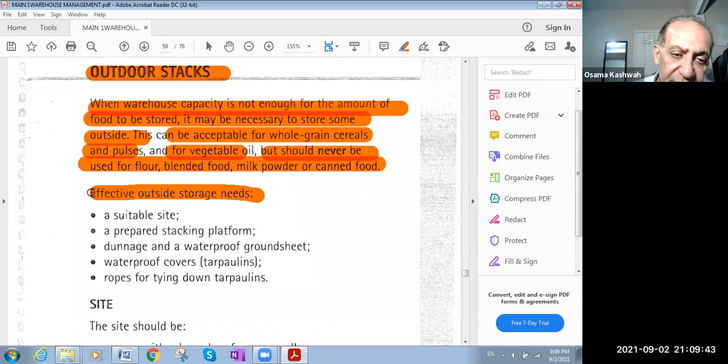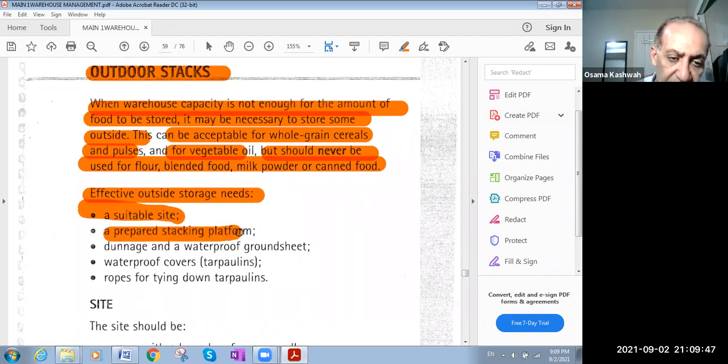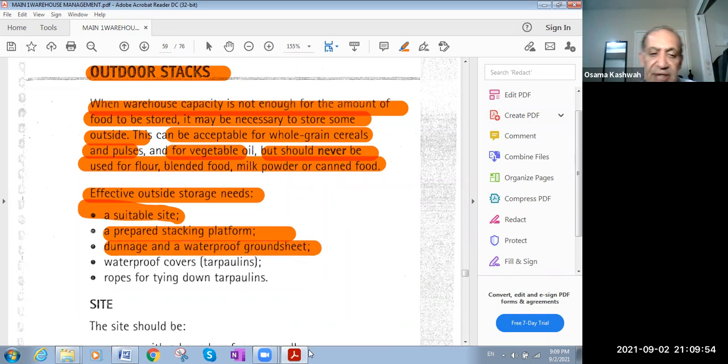Effective outside storage needs suitable sites, a prepared stacking platform, dunnage, and a waterproof ground sheet. You will have dunnage and a space from the ground, so there won't be any water stuck there. There must be drains for the water so that it does not touch the bottom of the stacks and cause problems.